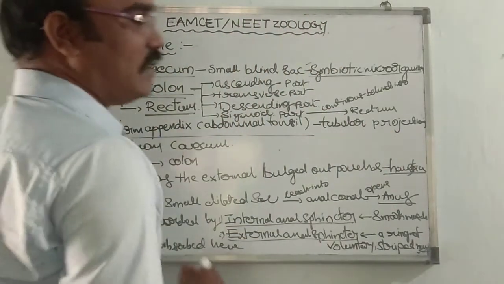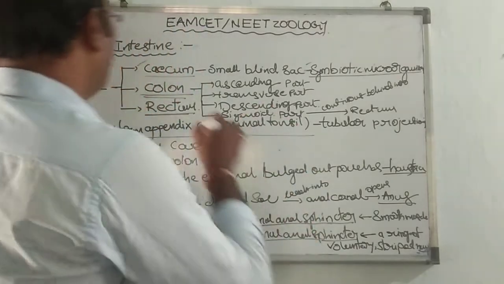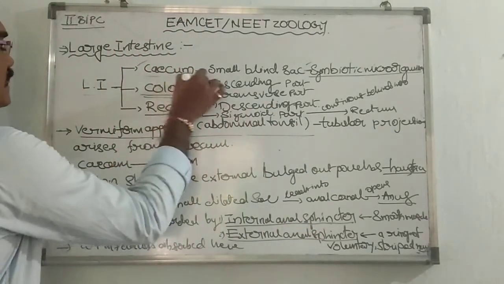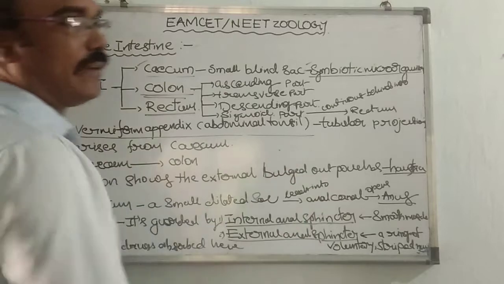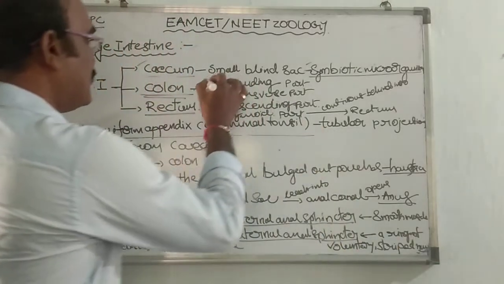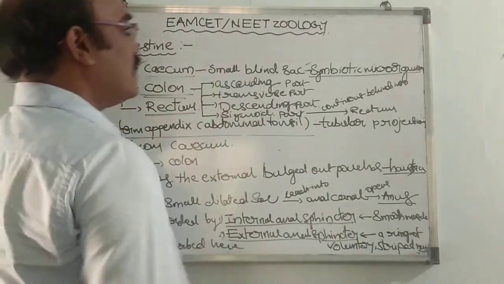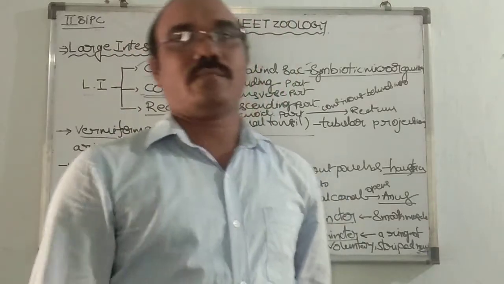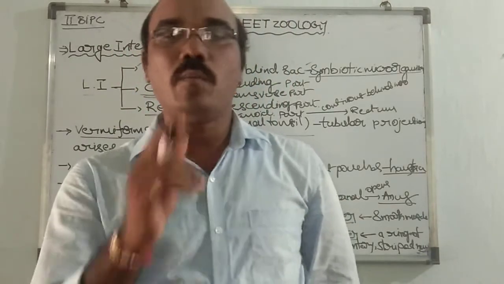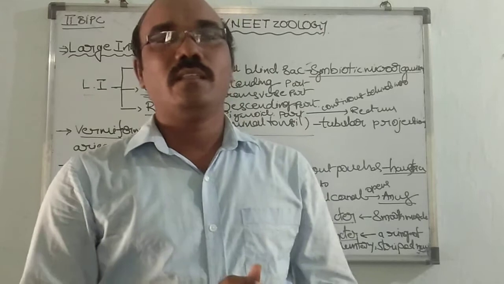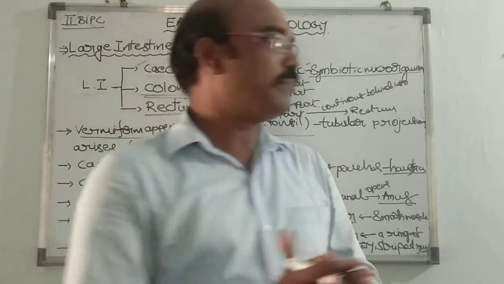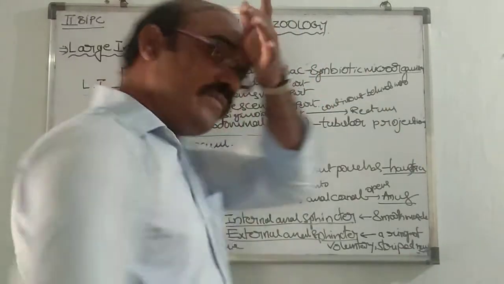The large intestine consists of three important parts: cecum, colon, and rectum. The cecum is a small blind sac-like structure which hosts some symbiotic microorganisms.